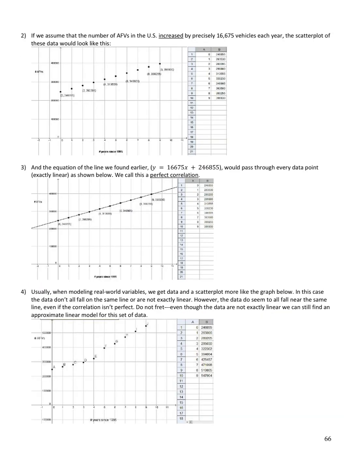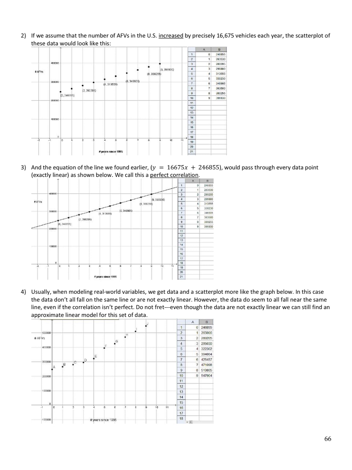If we assume that the number of AFVs in the US increased by precisely 16,675 vehicles each year, the scatter plot of the data would look like this. Okay, so it's a perfectly straight line. You can draw a perfectly straight line through those data. We would call that a perfect correlation.